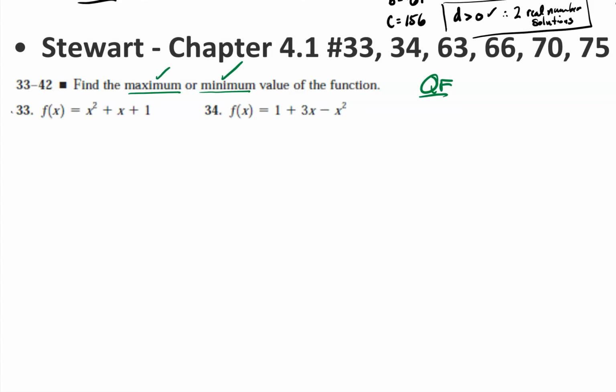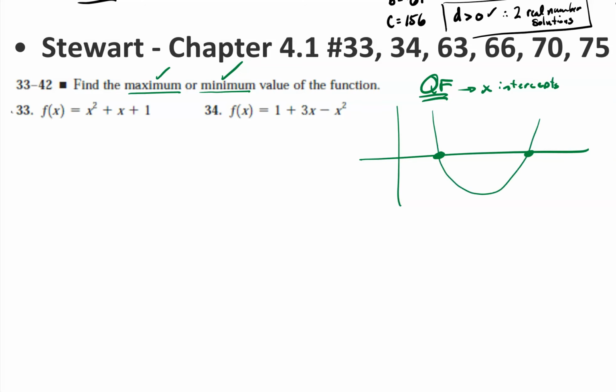The quadratic formula that we've been working with has been finding our x-intercepts of these graphs.